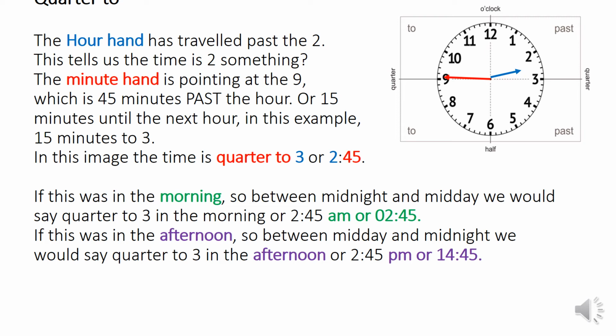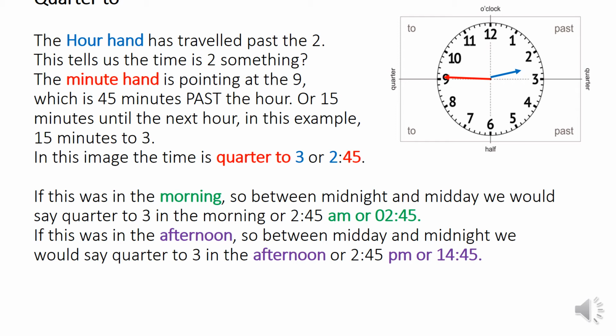Let's just check the minutes. So starting at 12, round to the 1 is 5, 10, 15, 20, 25, 30, 35, 40, 45 minutes past, so we would say 2:45. Or if we were to say minutes to, we work out how many minutes to go until it's 3 o'clock.